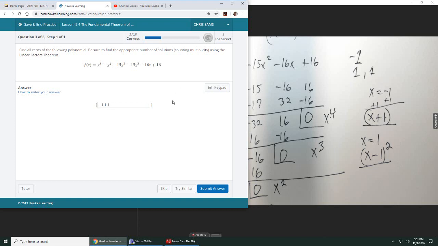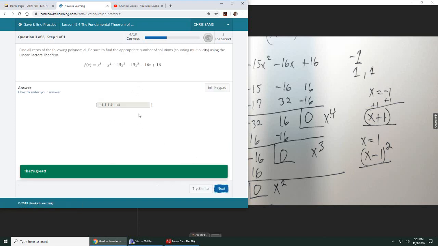And then we also had 4i and then -4i. Okay. So it said linear factors up here, so I was thinking that we wanted to write it like this, but it's not letting me put parentheses or X, so we're going to try this. And it's good. So just make sure you list everything multiple times if it repeats from what you see.